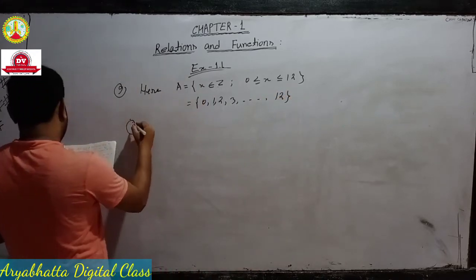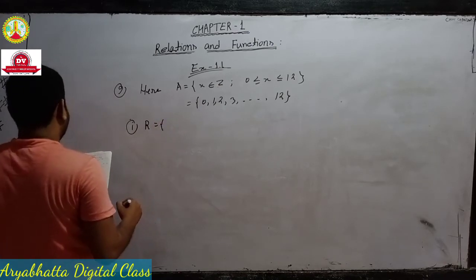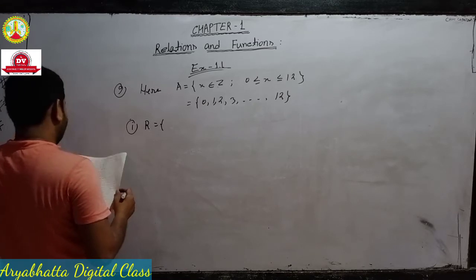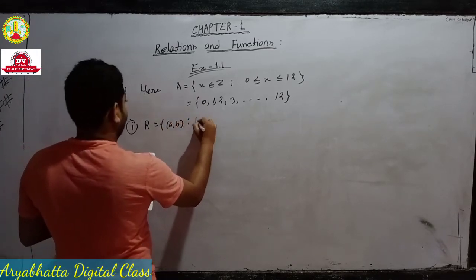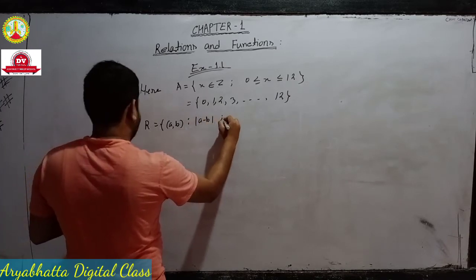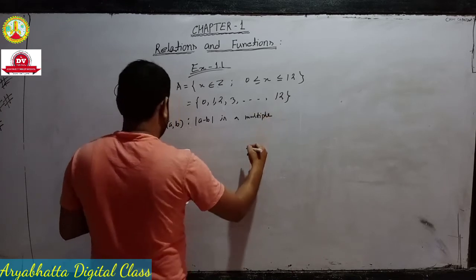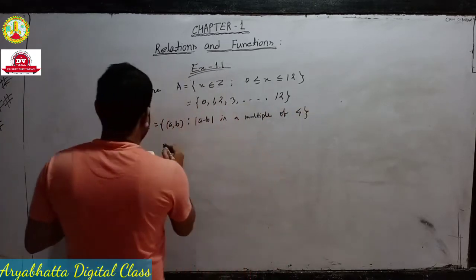Roman number 1, R equal to ordered pair A comma B such that modulus A minus B is a multiple of 4.